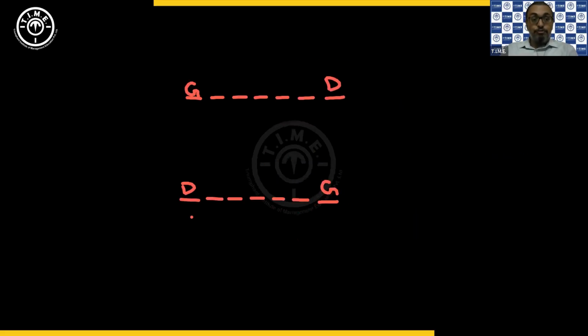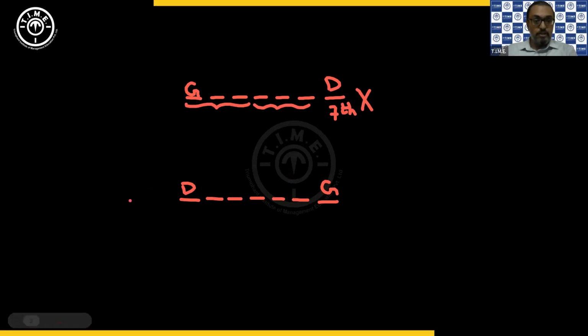If D has to be 6th from the left end, in the above case, including G, D is the 7th person from the left end. But I need D as the 6th person, so the above arrangement is ruled out.